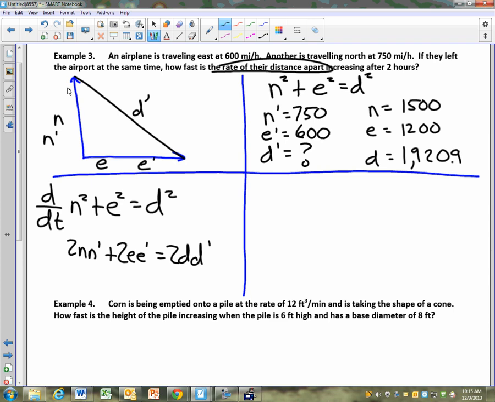Yeah, so this becomes 2 times the north distance, which is 1,500, 2 times 1,500, we'll just do it, 3,000, times my n prime, which is 750, plus 2 times e, which is 2,400, times my e prime, which is 600, equals 1,920.9 times d prime.